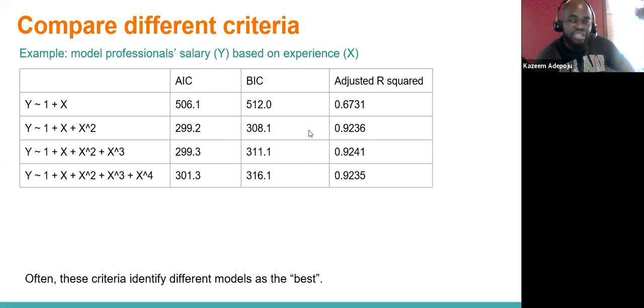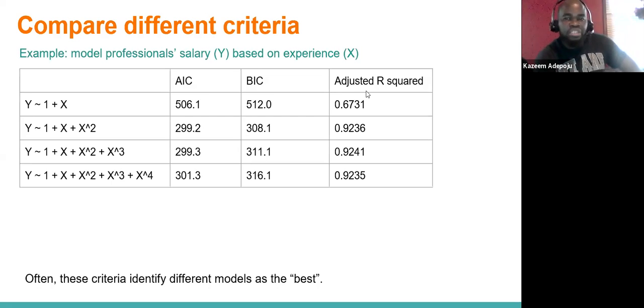It is in favor of this particular model, while the AIC and BIC settle in favor of the second model. So the question now is, which one are we going to agree upon? And that was why I said often these criteria identify different models as the best model.